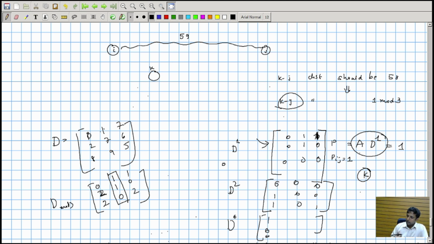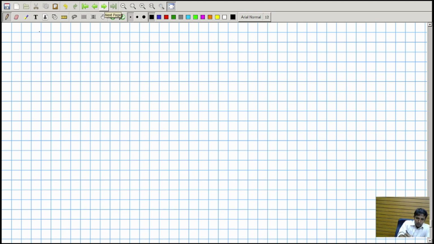You can verify that this basically involves a few matrix multiplications. So the first step would have been to compute the distance matrix. And then we had to compute D0, D1 and D2. And then we had to compute witnesses W0, W1 and W2. Okay.